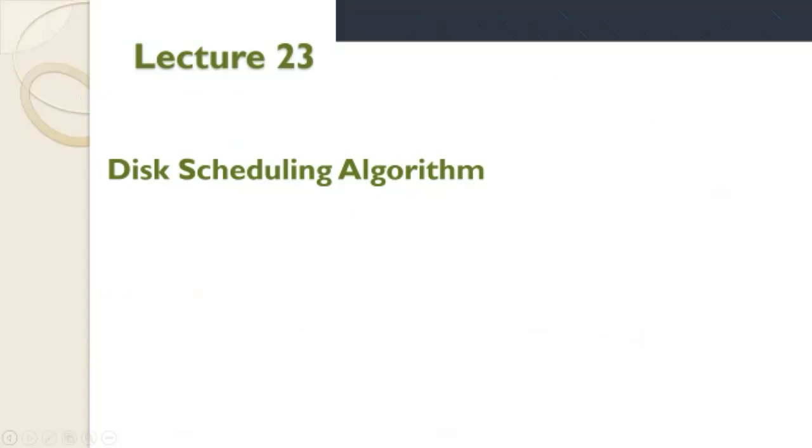Today we will learn about disk scheduling algorithm. Disk scheduling, as the name suggests, is a part of memory management techniques. So disk scheduling algorithm falls under memory management techniques.